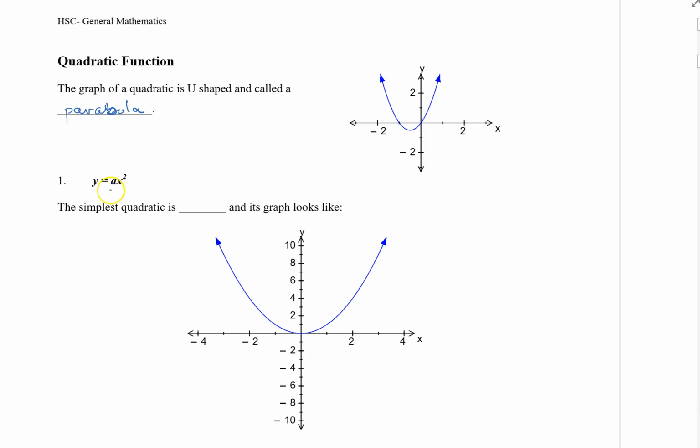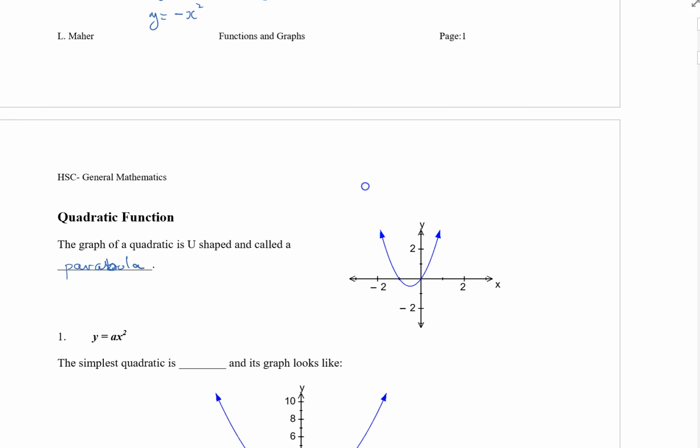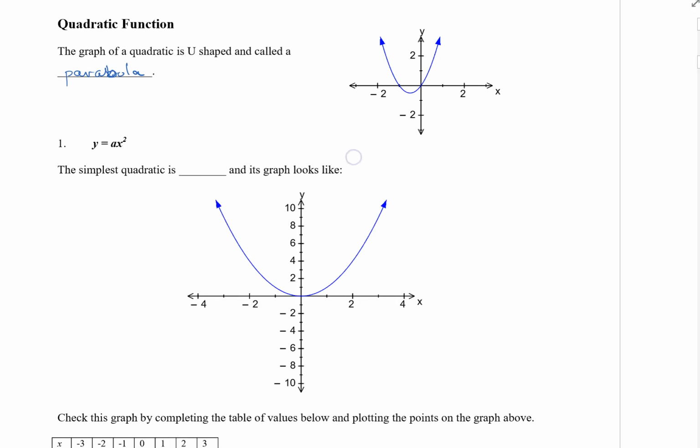We start by looking at, like I said up here, that the simplest quadratic is y is equal to x squared with just a 1 at the front. And I can put that in here. Y is equal to x squared, and its graph looks exactly like that. It's a nice parabola. So it's this parabola shape.